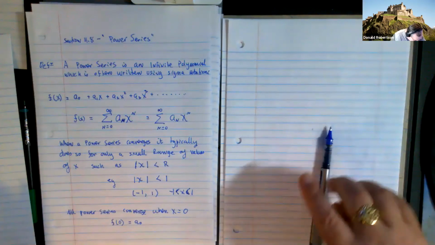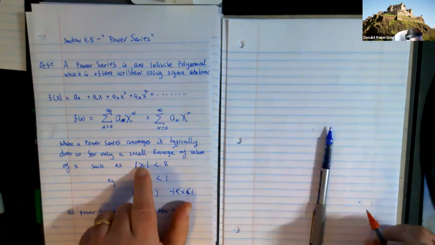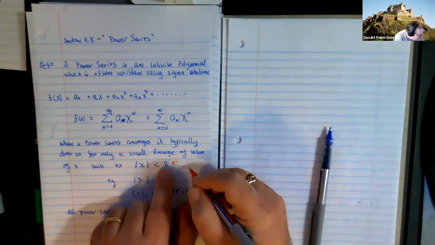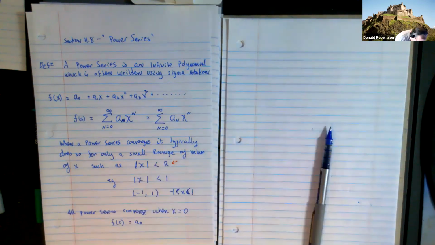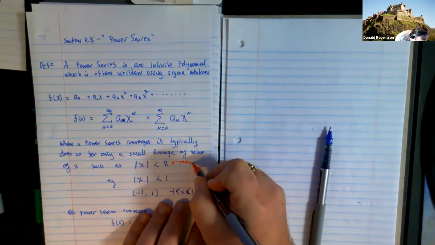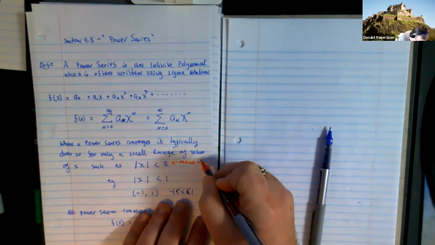Now, I need a colored pen. This number R, this R guy, excuse me, has a name. It's called the radius of convergence.